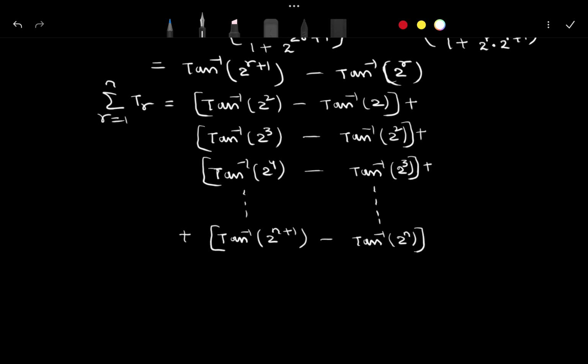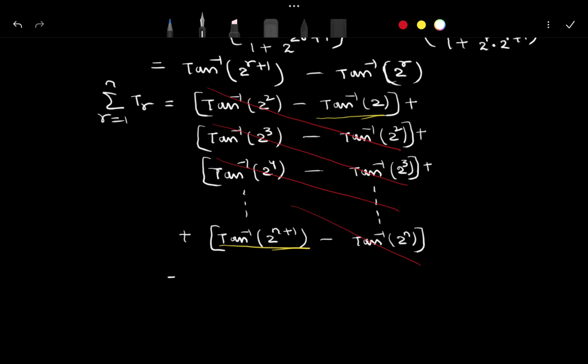Now by observing the sum of all these terms, tan inverse of 2 square minus tan inverse of 2 square cancel, tan inverse of 2 cube minus tan inverse of 2 cube, tan inverse of 2 power 4 and up to tan inverse of 2 power n, these terms will be cancelled. What are the remaining terms? The last one, tan inverse of 2 power n plus 1, and in the first one, minus tan inverse of 2. These are the remaining terms after cancellation.